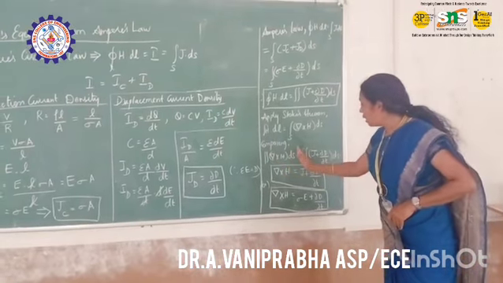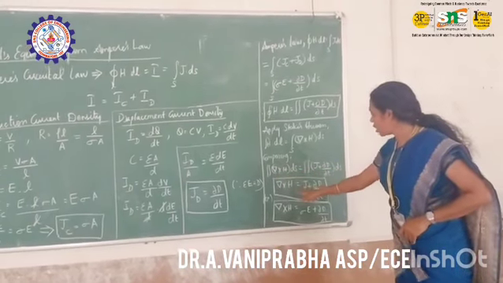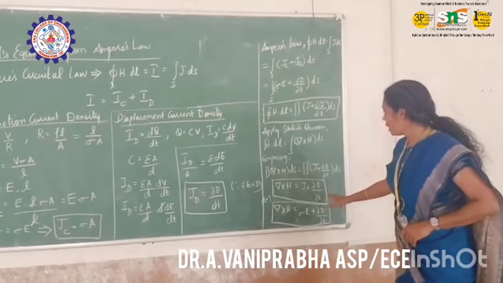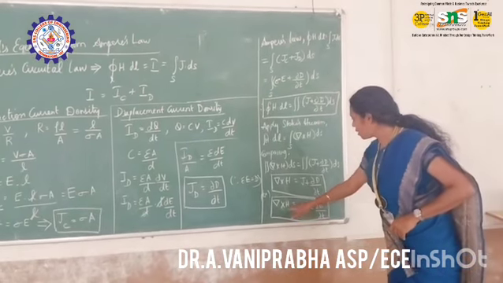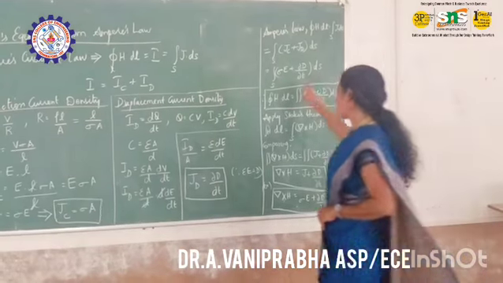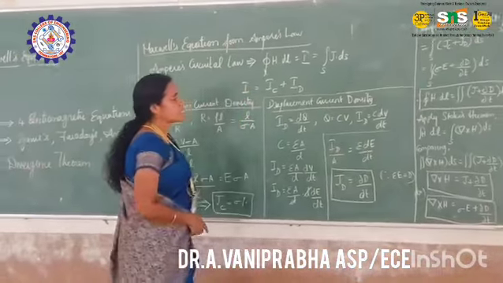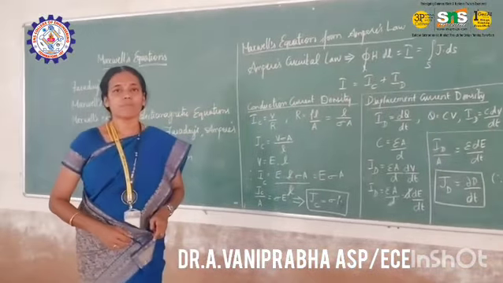Then the surface integral can be dropped, and the remaining term is del cross H equal to J plus dou D by dou t. Or else we can write del cross H is equal to sigma E plus dou D by dou t. This is the Maxwell's equation which has been derived from Ampere's law.